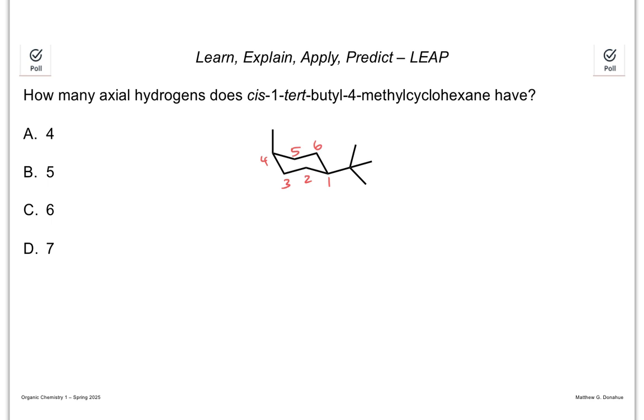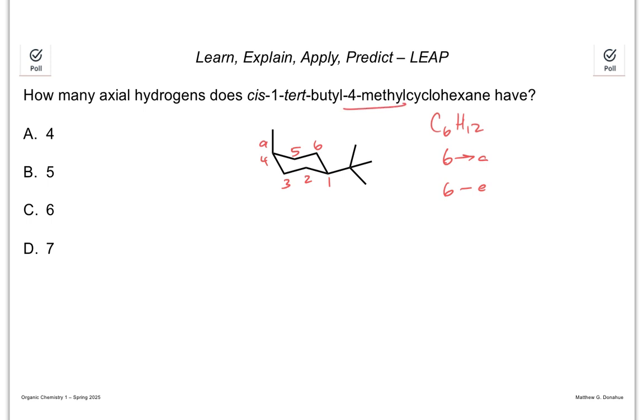So we know that for an unsubstituted cyclohexane, C6H12, there's 6 axial hydrogens, 6 equatorial. In the molecule that's shown, the C4 group, that's a methyl group, right?